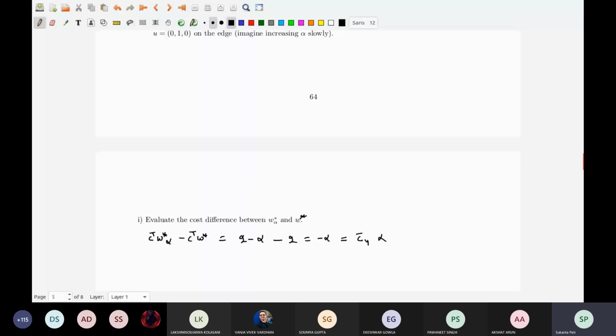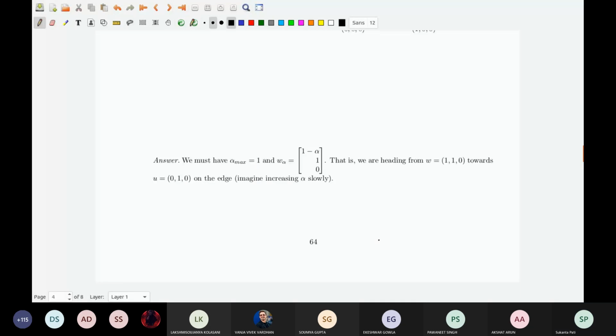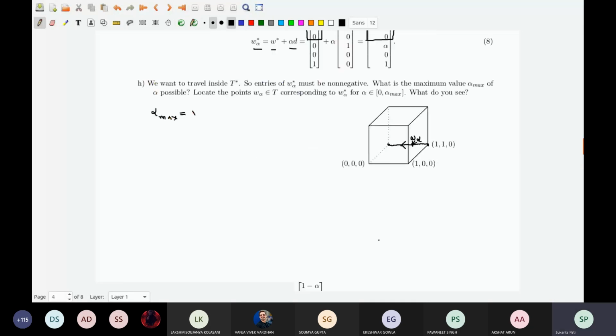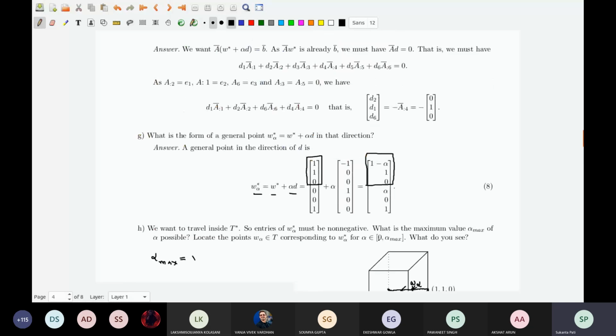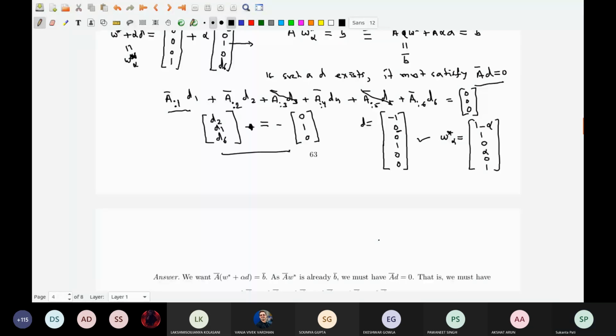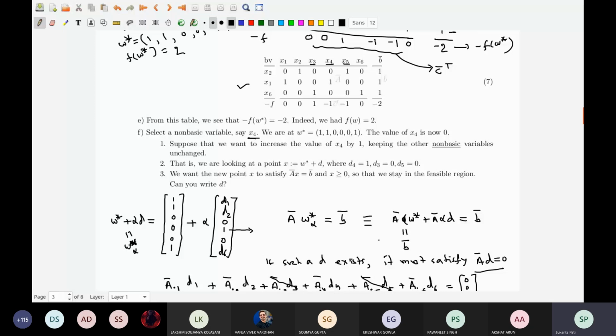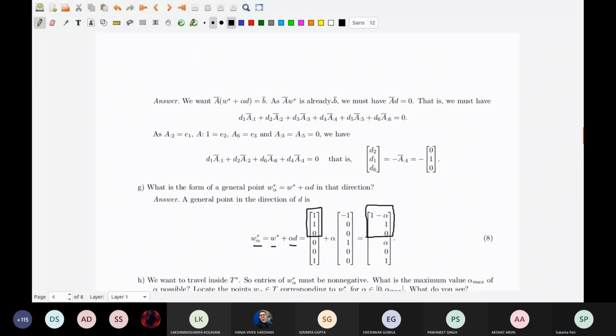Remember the C bar? This was C bar 4th unit. That is minus 1 times alpha. And we can prove that also. The proof is not difficult. I will write the proof here. It is only one line.